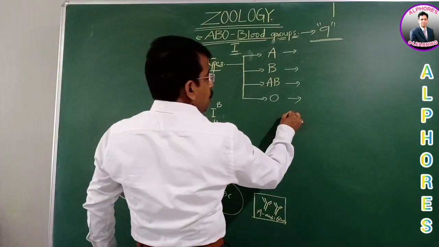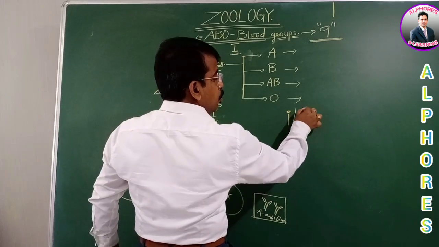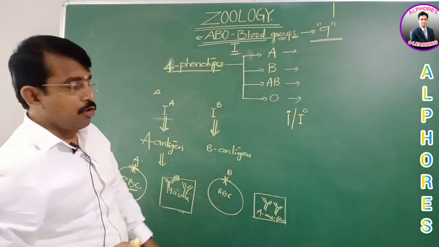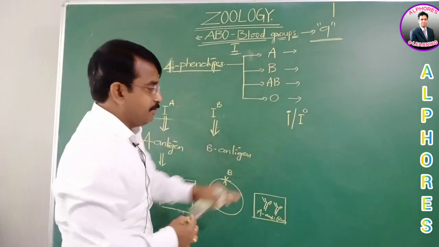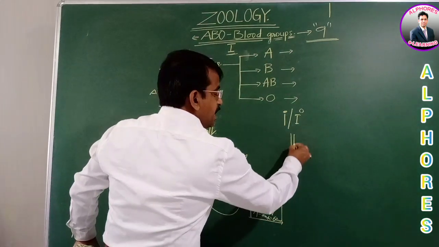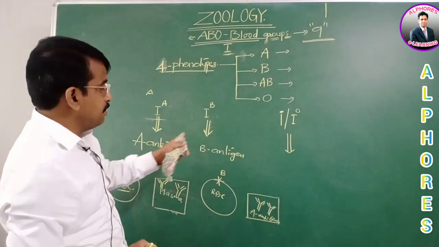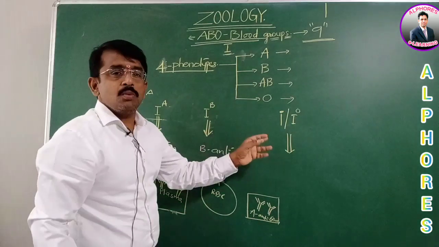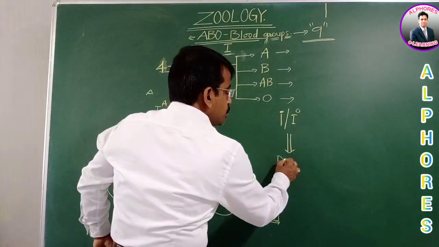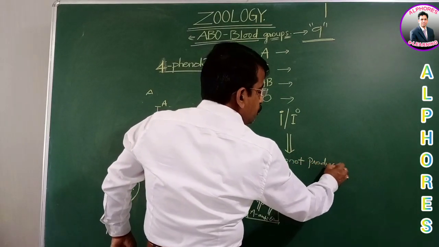And IO, which can be written like this or else as little i, but both should not be written. It can be denoted as recessive. IA is synthesizing the A antigen, IB is synthesizing the B antigen, whereas IO does not produce any antigen.